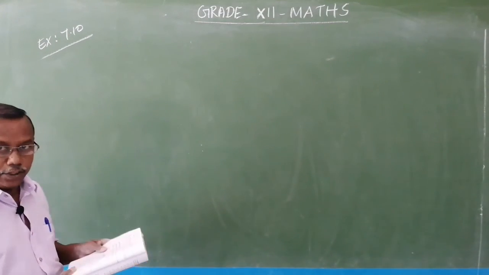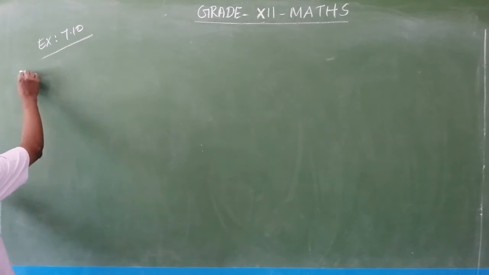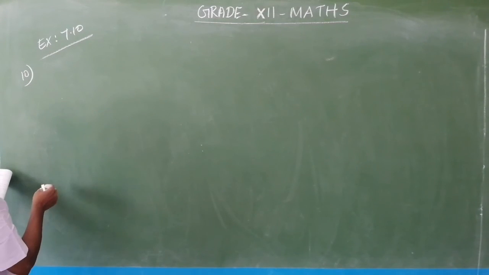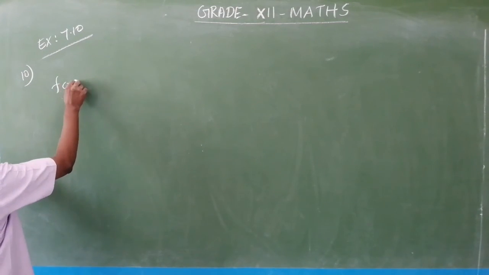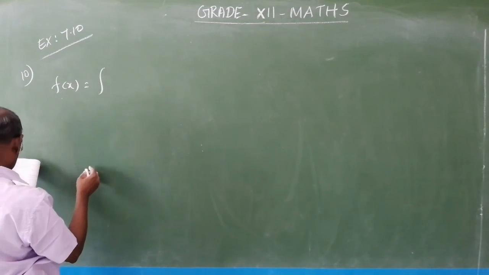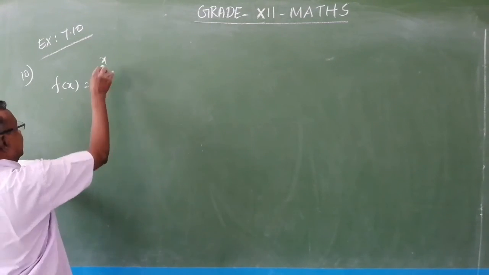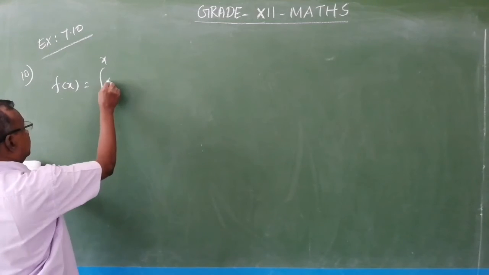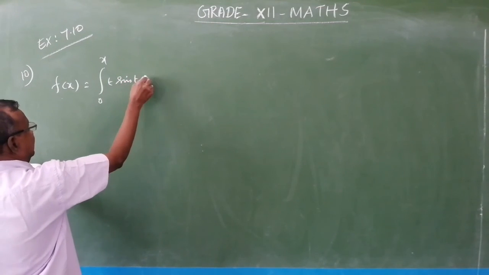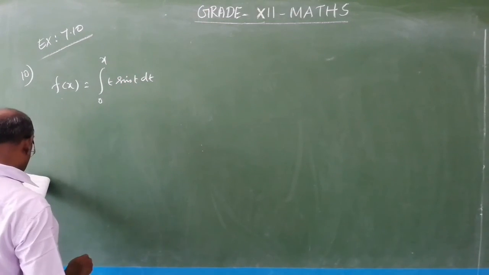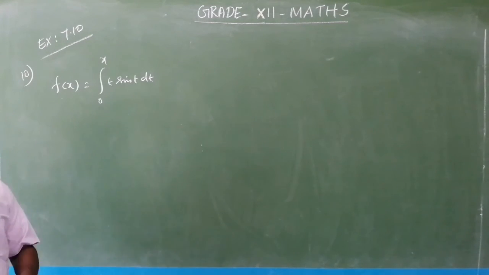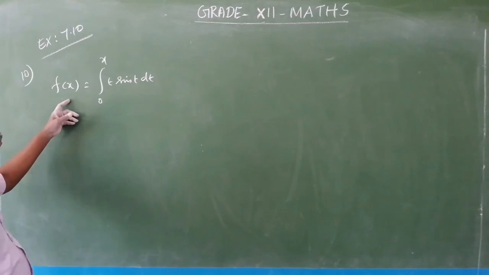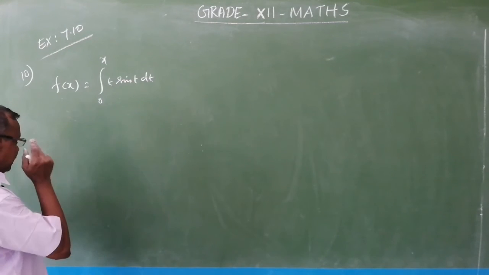Next question number 10. F of x equal to integral 0 to x of t into sin t dt. To find f dash of x, first let us compute f of x, then we will find f dash of x.